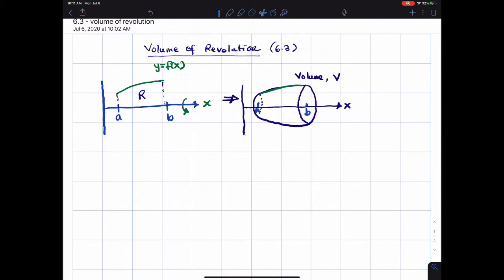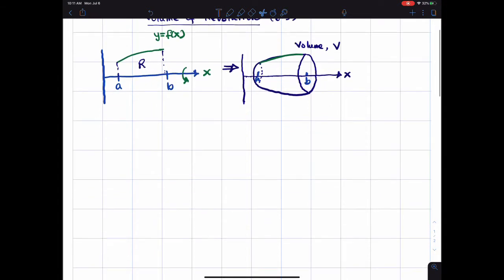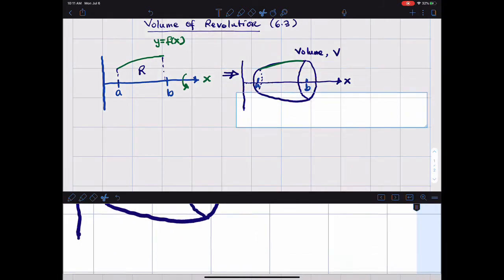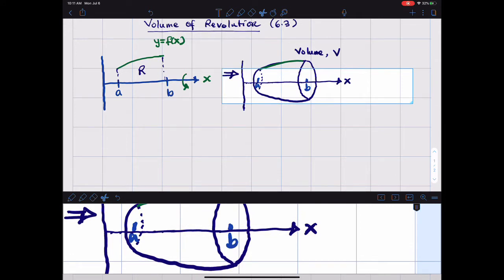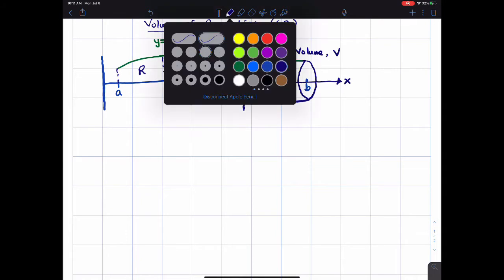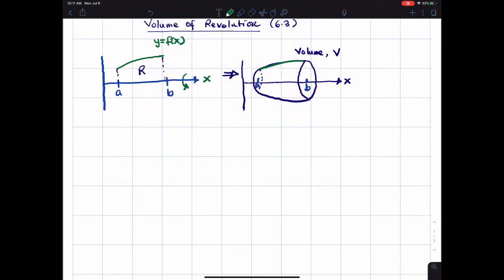So what we can now do is to get a slice of our solid. So what do I mean? We could go here, get a green slice on this part.